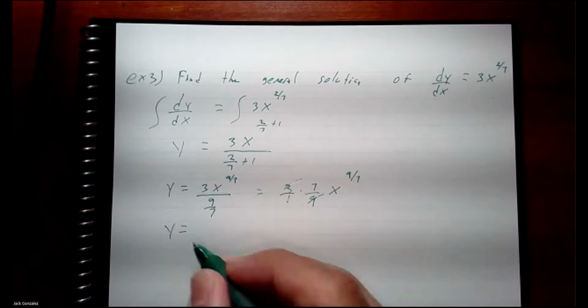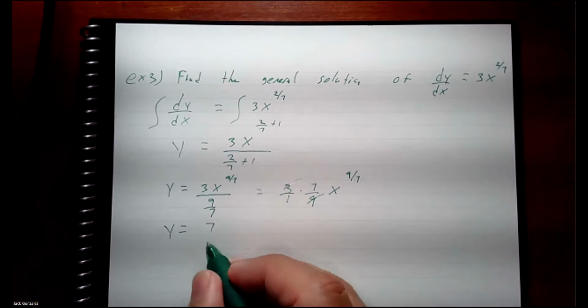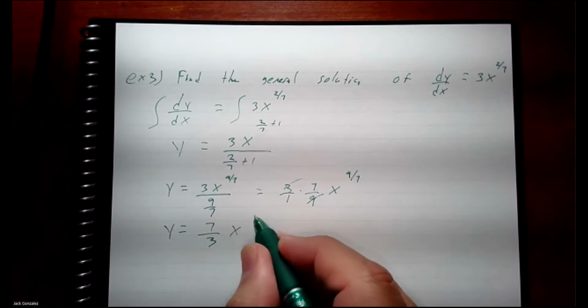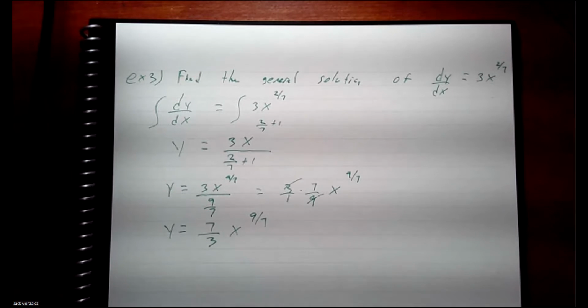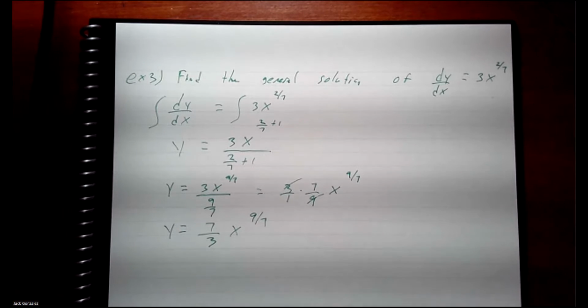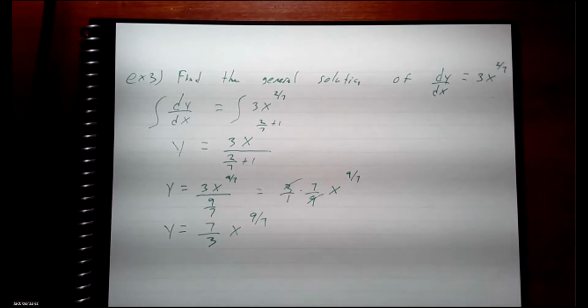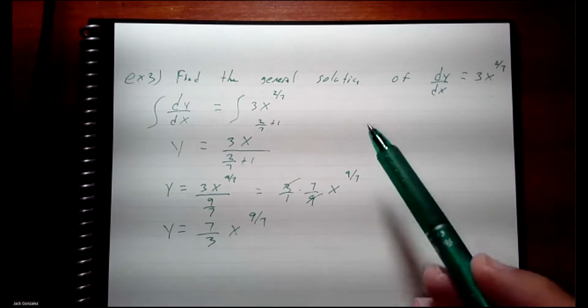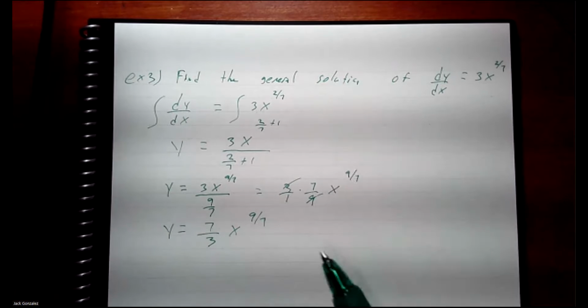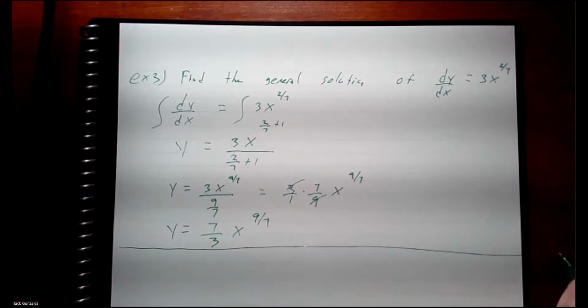So y is equal to 7/3 x to the 9/7. So this is very similar to what we did before. It's just that general solution means you're looking for the y function.